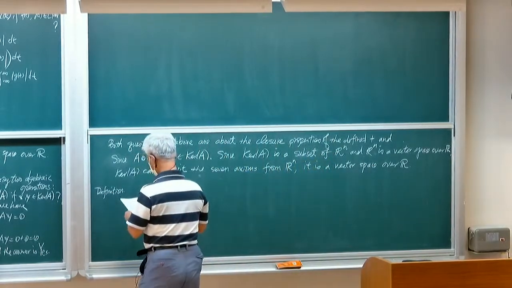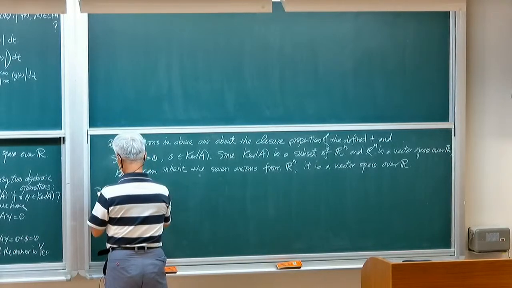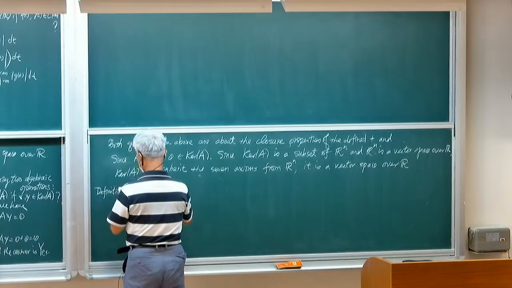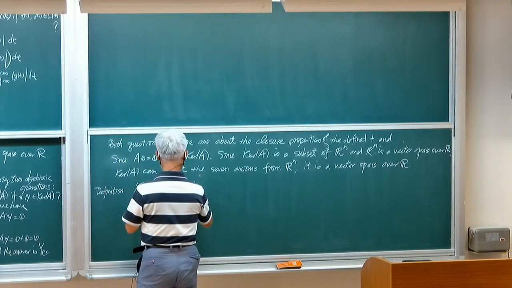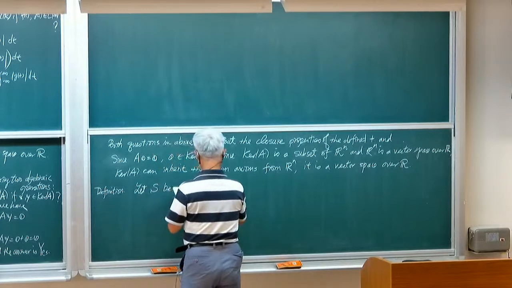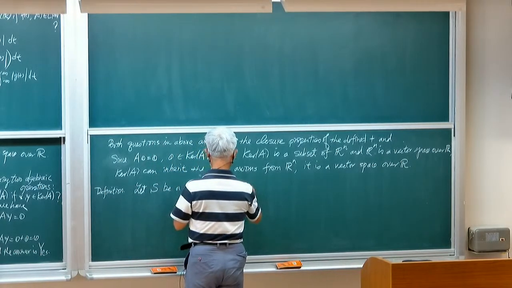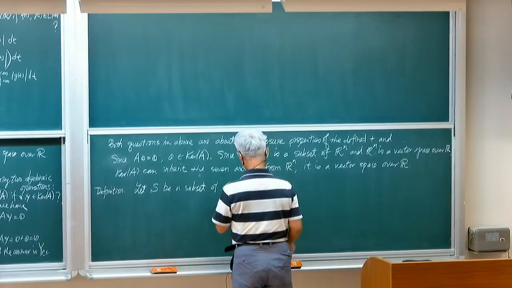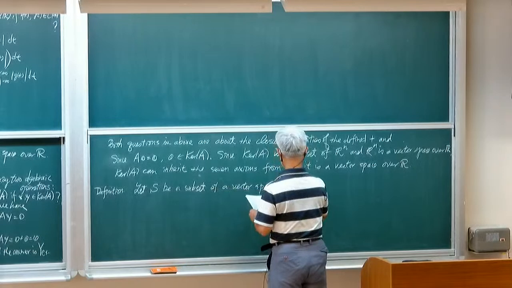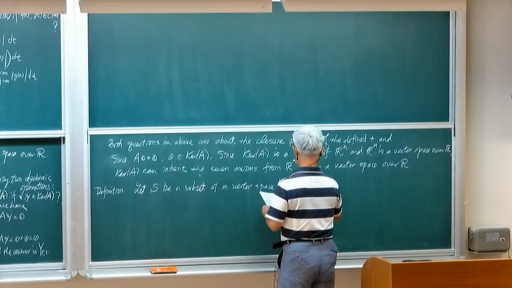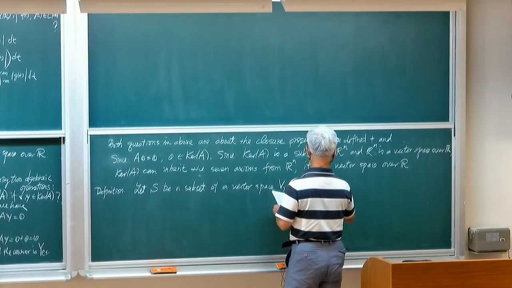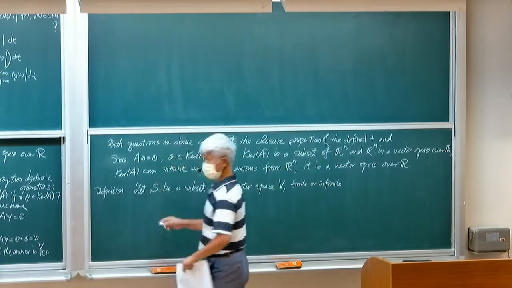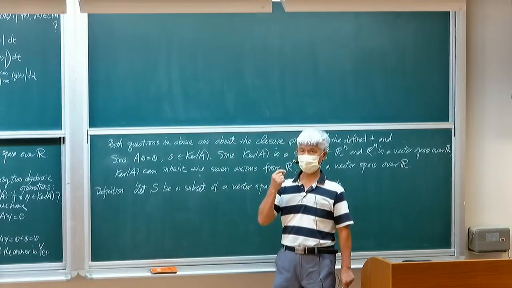So now we let X be a subset of a vector space V. This subset may be finite or infinite. So the set X may be a finite set or an infinite set.